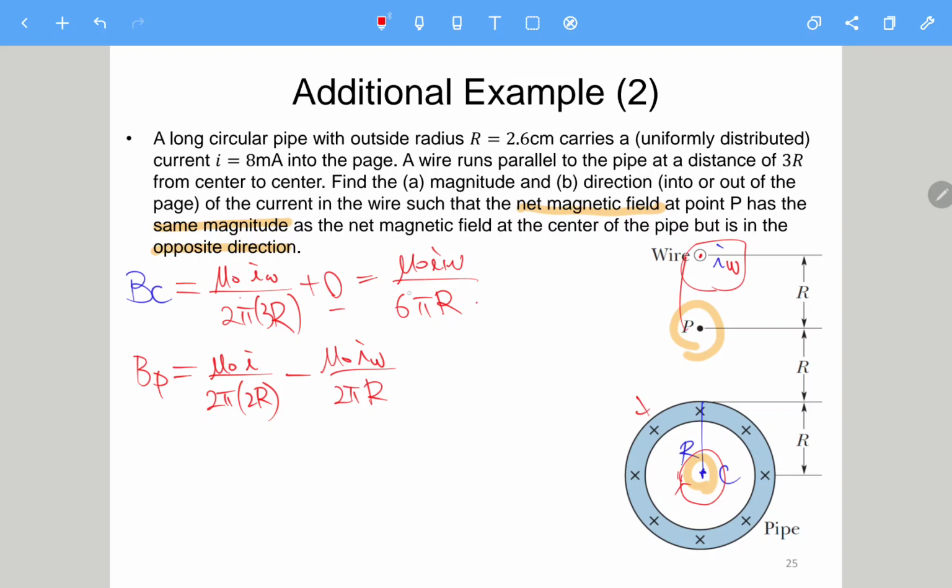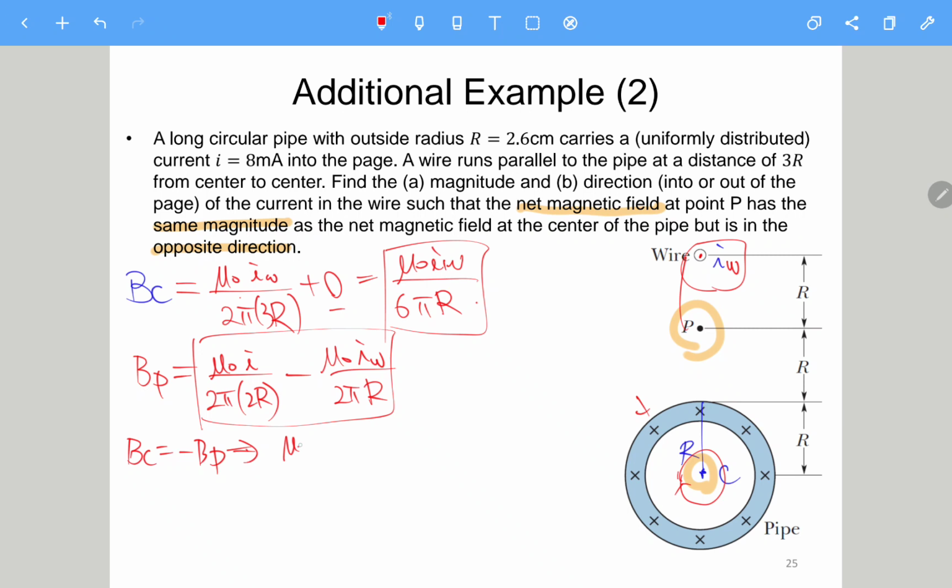So this is the magnitude of BC, and this is the magnitude of BP. They have the same magnitude but opposite direction, which means BC equals negative BP.